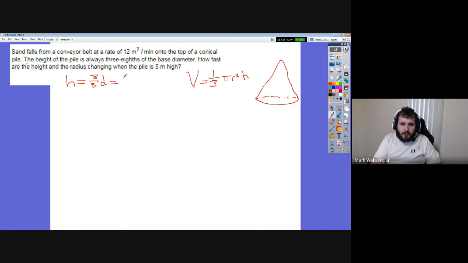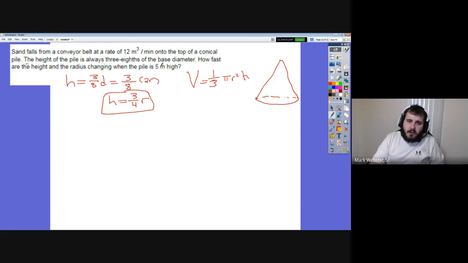So let's rewrite this as 3/8 times 2r. And this 2 here cancels out a little bit down here, so we can rewrite this as 3/4 r, right? So that's information. We're going to hold on to this information for a moment.